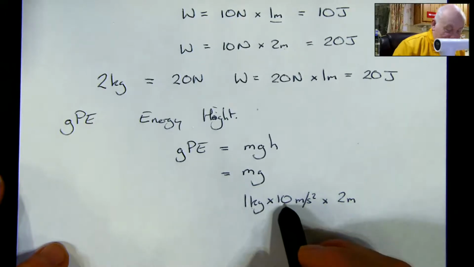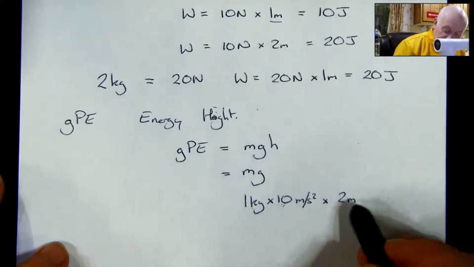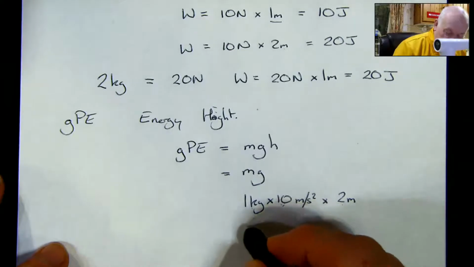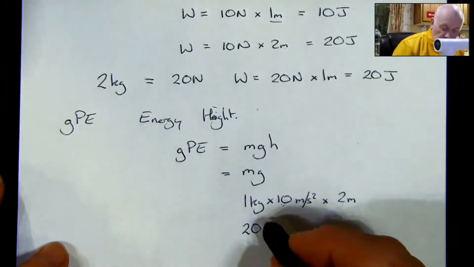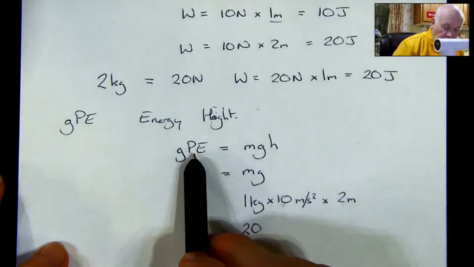Sorry, 1 times 10 is 10. 10 times 2 is going to give me 20. So we are going to have 20 units of potential energy.